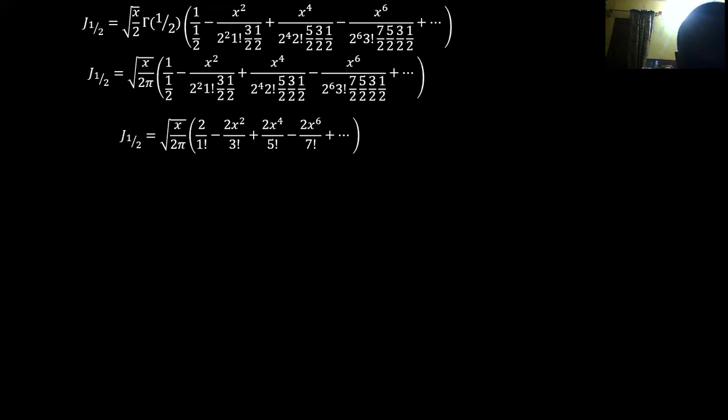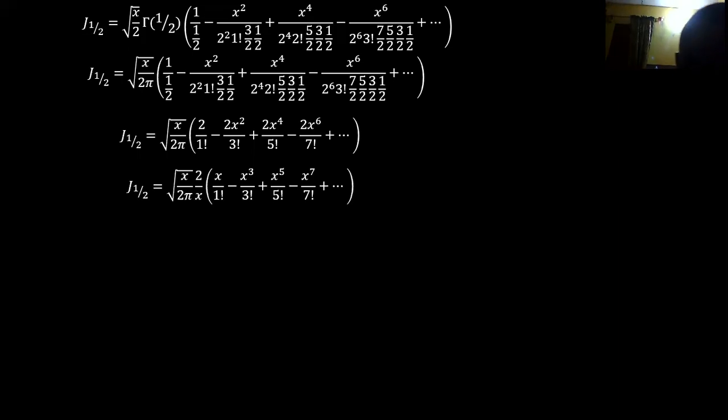So if I factorize out 2 and multiply the whole expression by x, I have the Bessel function of order 1/2 equal to the square root of x divided by 2 pi, times 2 divided by x, into x divided by 1 factorial, minus x cubed divided by 3 factorial, plus x^5 divided by 5 factorial, minus x^7 divided by 7 factorial.